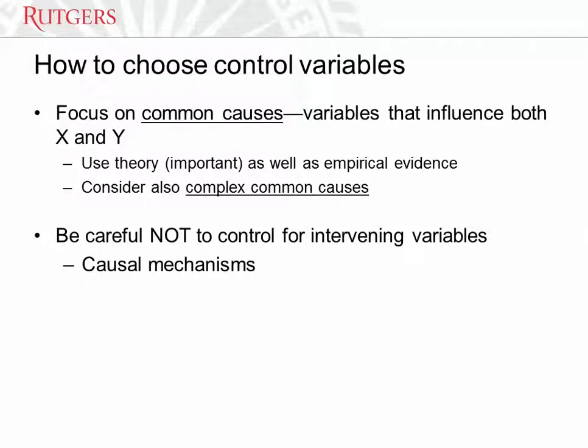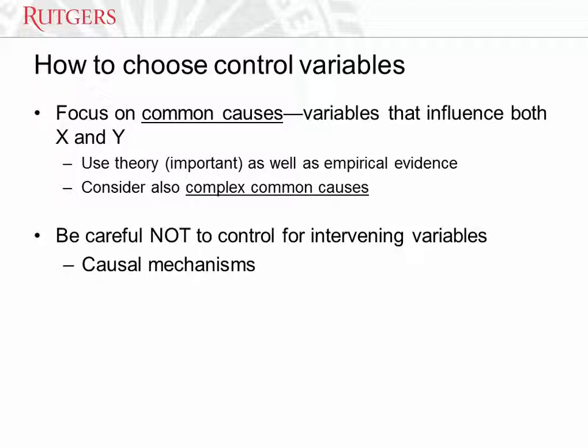Now, the best kind of control variables are ones that represent common causes. So the focus should be on common causes, and those are variables that are either influenced by or associated with X that also cause Y. The only way to really do that is to think theoretically, as well as use empirical evidence. And it's also important to think about potential complex common causes.